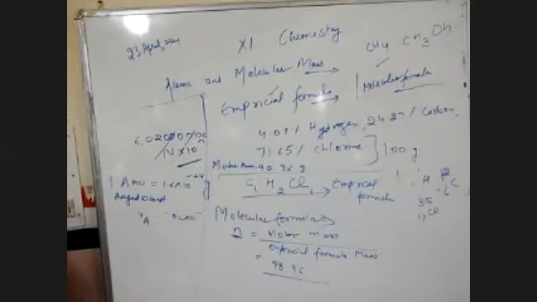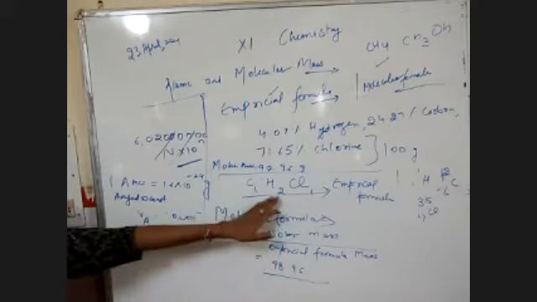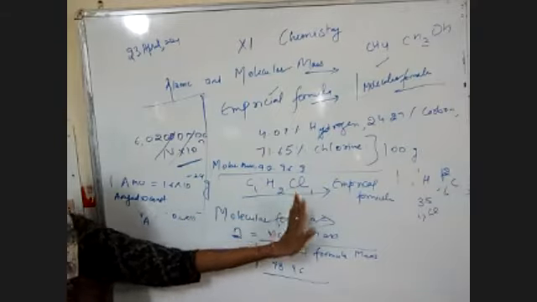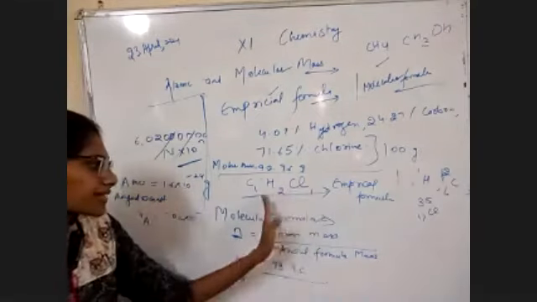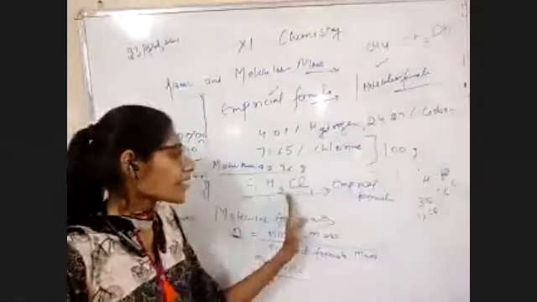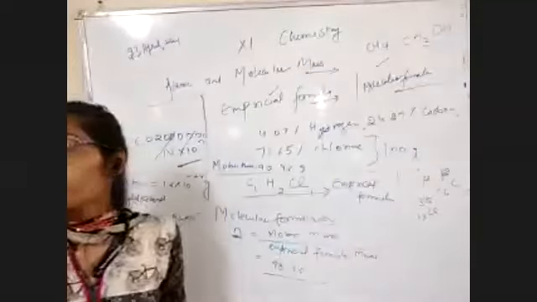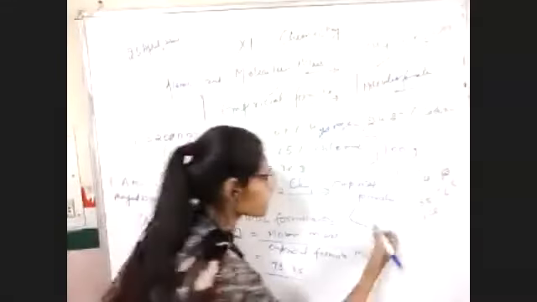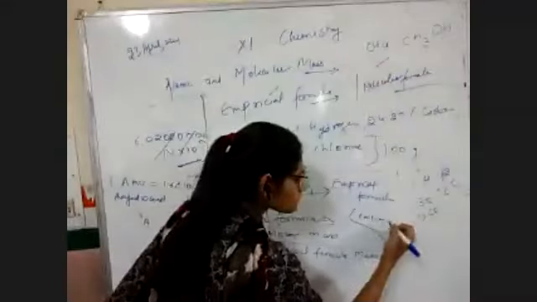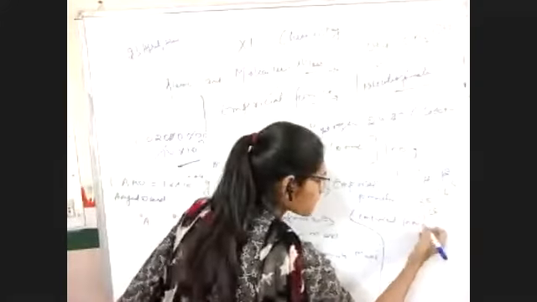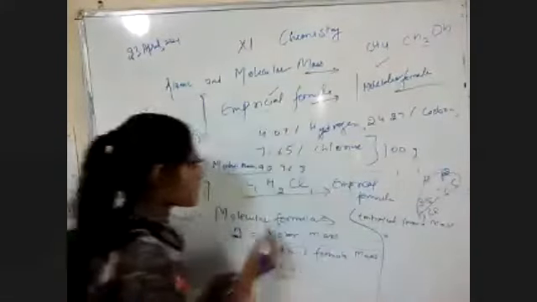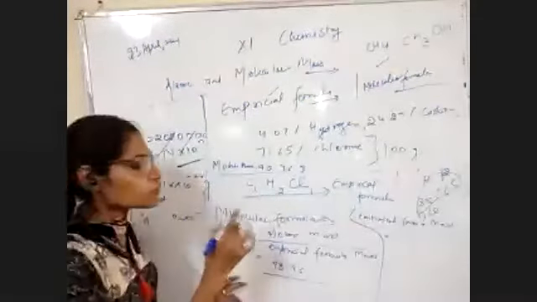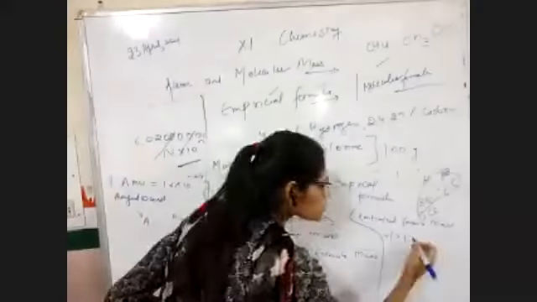See, for calculating our empirical formula mass, we have a basic idea of our carbon, hydrogen, and chlorine. We have carbon as 1, hydrogen as 2, and chlorine as 1. So for calculating our empirical formula mass, we are having carbon with 1, so what would we do? 1 into 12.